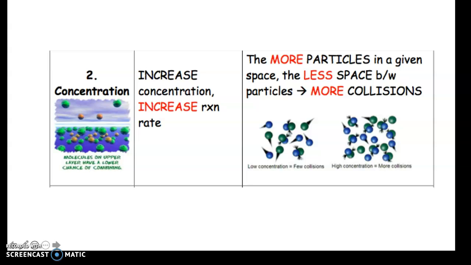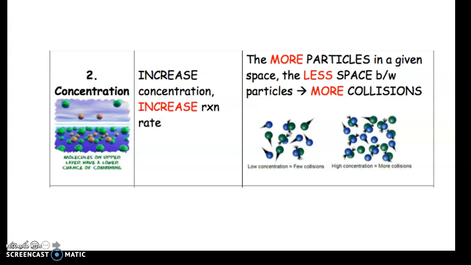Concentration. By increasing the concentration, we are increasing the reaction rate. We're increasing the speed of the reaction. Why? Because the more particles we put in a space, the less space there is, making sure that our particles are colliding. I like to use this example.